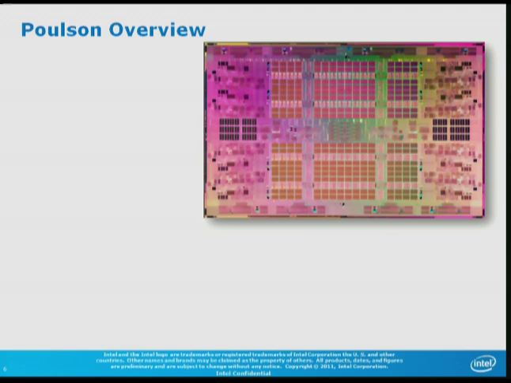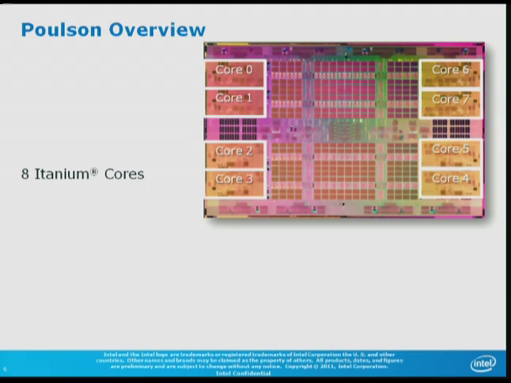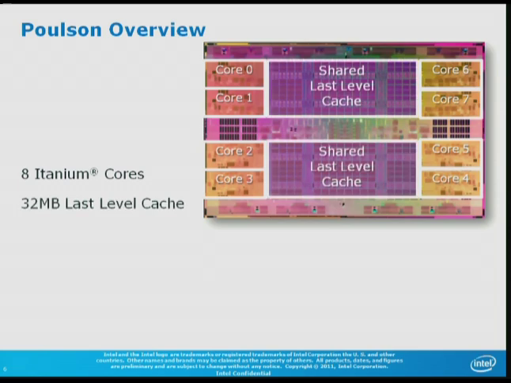Here's a chip plot of Poulson. Our 8 Itanium cores are arranged around the outside. Just inboard of those are our last level cache blocks, as I mentioned, implementing 32 megabytes. These blocks are actually segmented into 8 slices associated with each core.